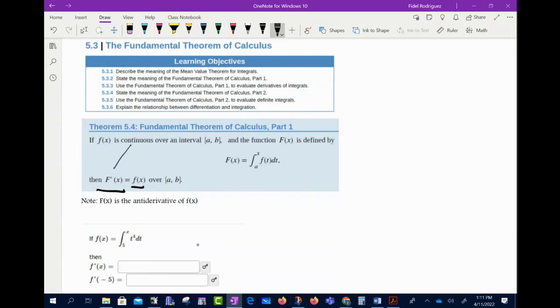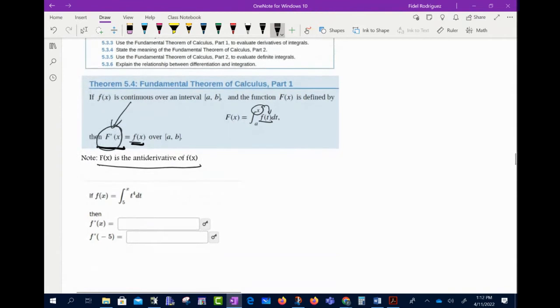I'm going to ask you a question. Look at this symbol right here. When we have capital F prime, does that not mean the derivative of the big F? So the big F derivative is equal to f evaluated at that value right there. Look what it says. Note, capital F of x is the antiderivative of f of x.